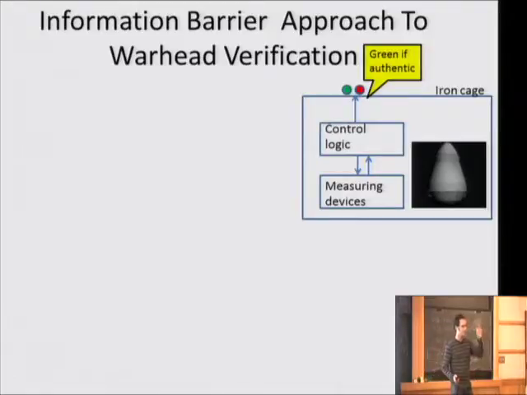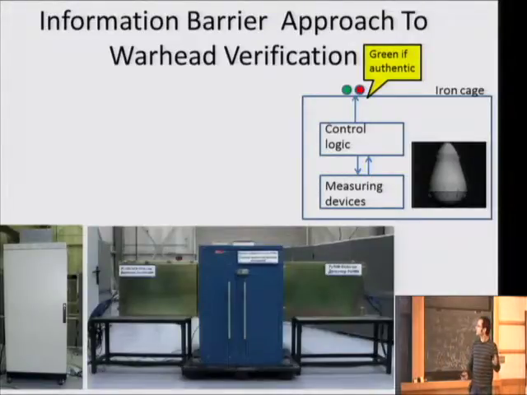A green light says yes, this is an authentic nuclear warhead, and a red light says no. And the idea would be that the party that inspects only learns if the light was green or red, so it didn't learn anything about the design.